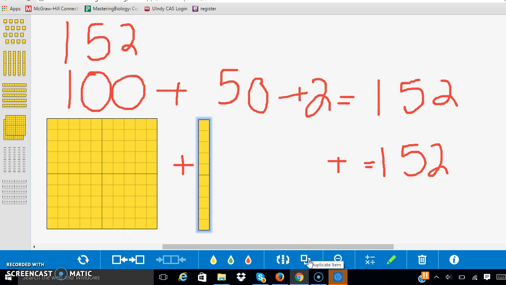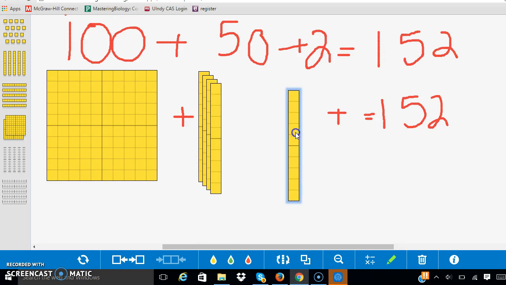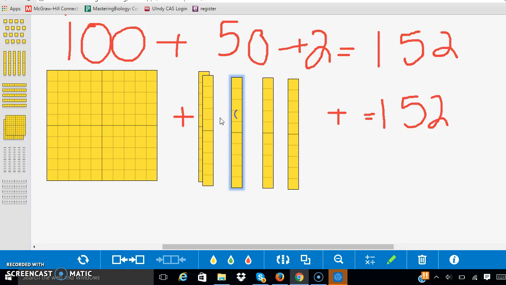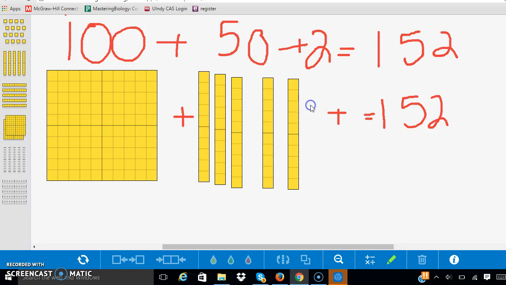Those are 5 rods. So here's 1, 2, 3, 4, 5. And then we have our one spot to fill up as well, which is the 2. Move the plus sign over a little bit. So that is 2 unit pieces to represent our ones category.